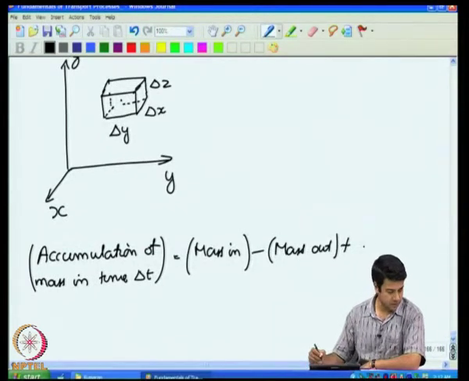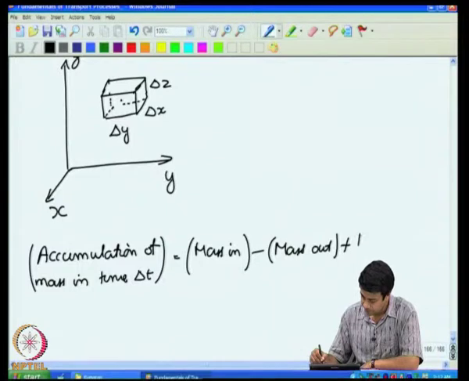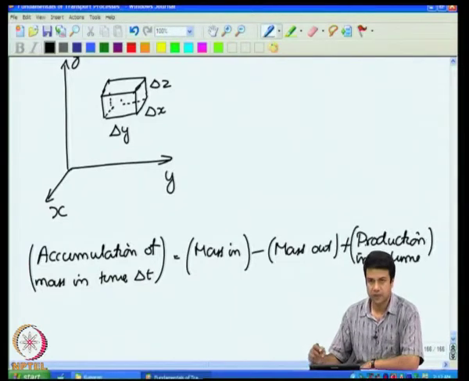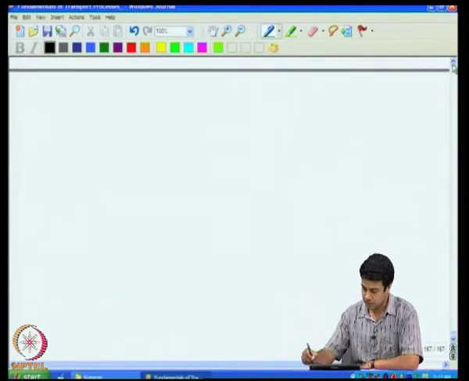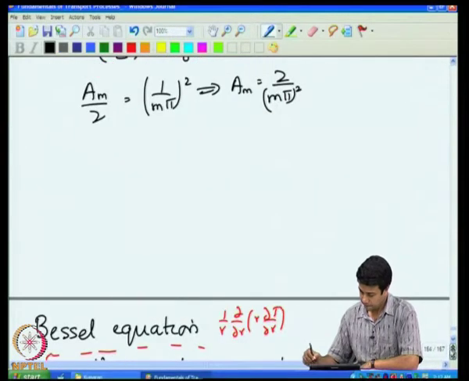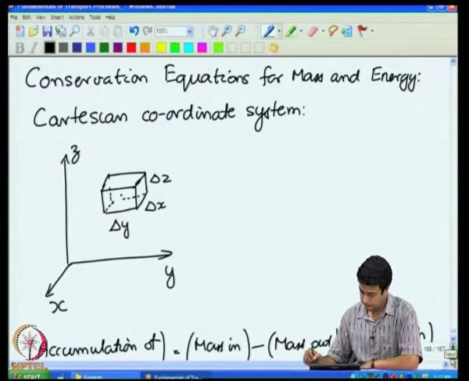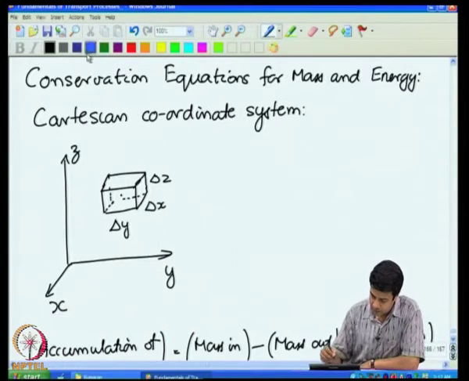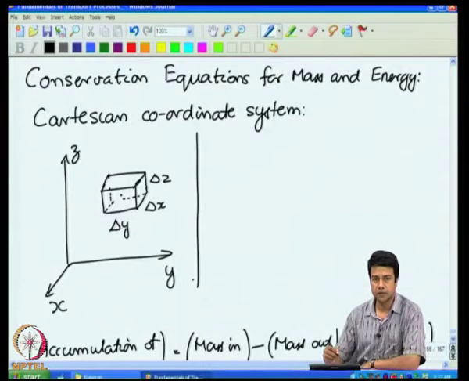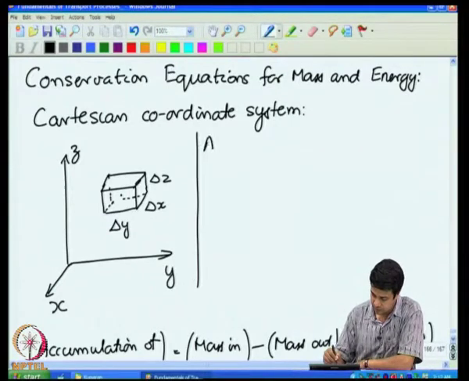Okay. So, I will just put this as a production in the volume. Okay. And what I need to do is evaluate these individual terms and put them all together to get a mass conservation equation. Now, first things first, what is the accumulation? Okay. What is the accumulation of mass?